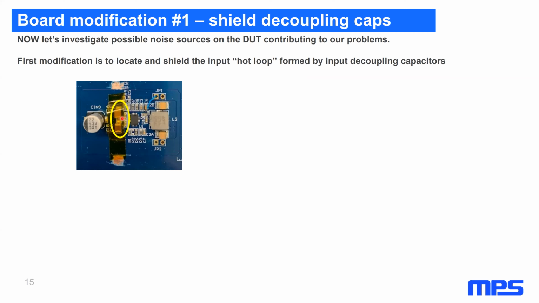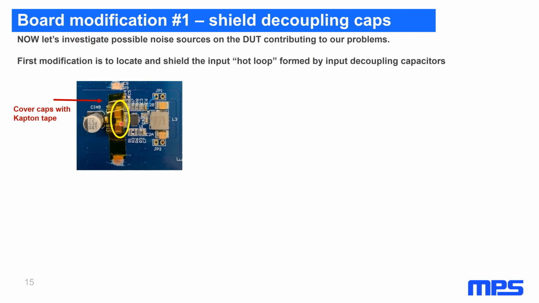The reason that I want to take this approach is because I'm at this point just trying to figure out if I shield anything on the board in any particular area, is it going to show a significant difference? My end goal may not be to shield these, but right now I'm in the process of trying to identify the root cause and see if I can make it change by tweaking a few things.